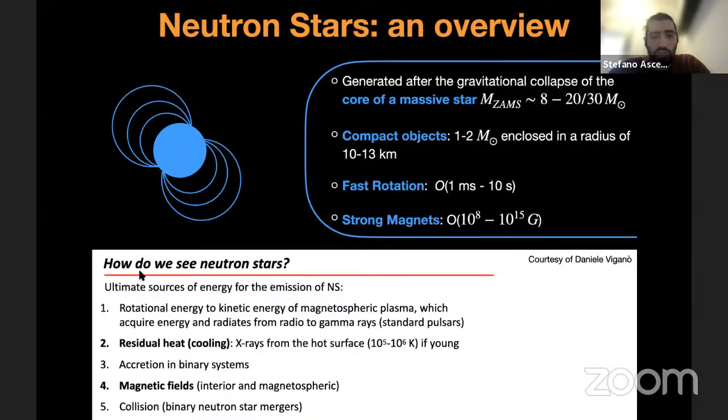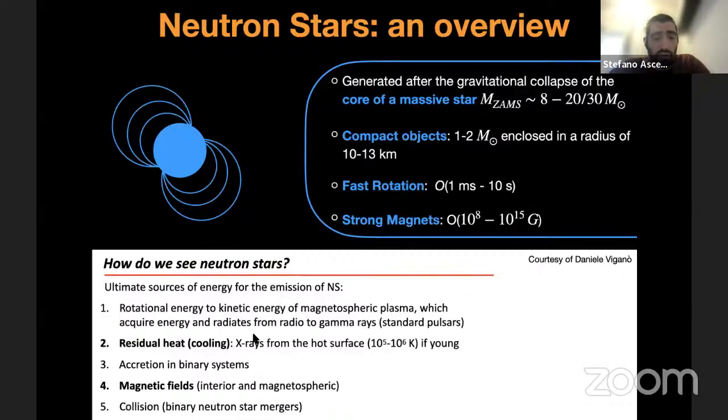And from an observational point of view, neutron stars emit electromagnetic radiation all over the electromagnetic spectrum, and they have different sources of energy. For example, standard radio pulsars extract as their ultimate source of energy their rotational energy, which is transferred to the magnetospheric plasma, which then radiates from radio to gamma ray.